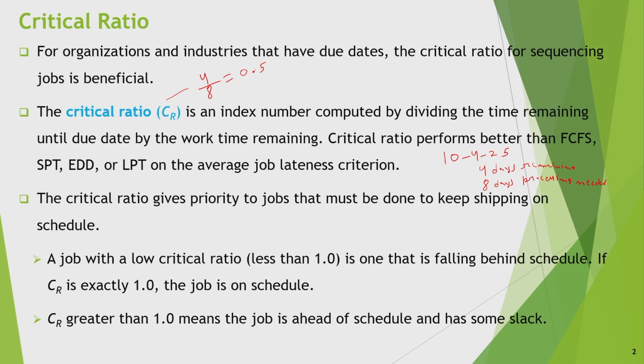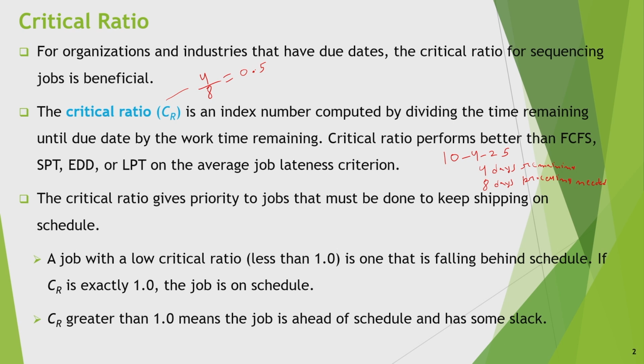So, if we pay attention to CR, then our job lateness can be reduced. From the job lateness point of view, among FCFS, SPT, EDD, LPT and CR, CR is better.